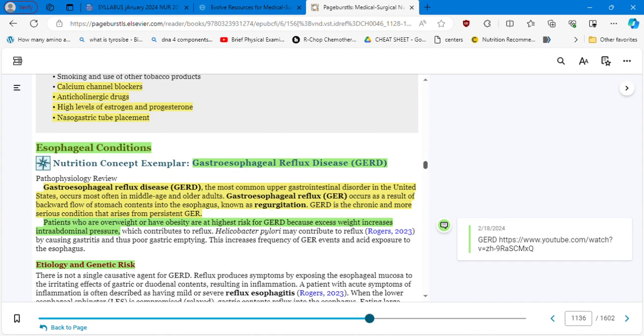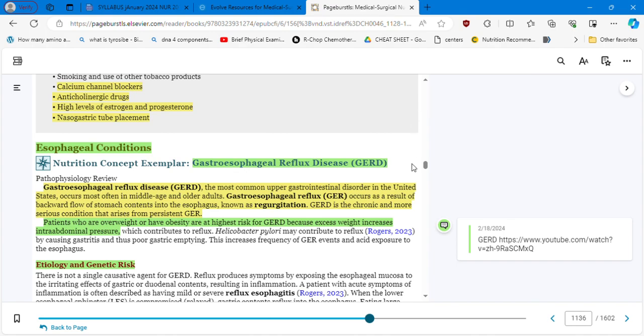This is part 2. We're going to start with esophageal conditions. This chapter is very important. We discussed already stomatitis, sialadenitis, premalignant conditions of the oral cavity, oral cancer, right? Candidiasis.